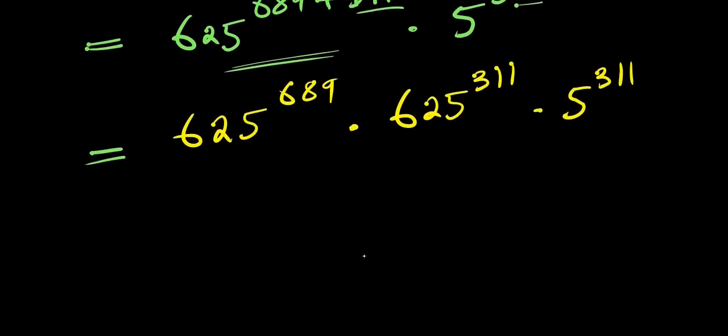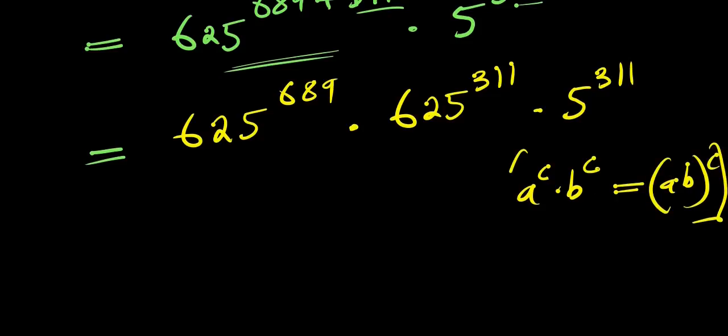Now at this point we can apply this identity. If you have a power c times b power c, this equals a times b all power c. The exponents are the same, so we multiply the bases.